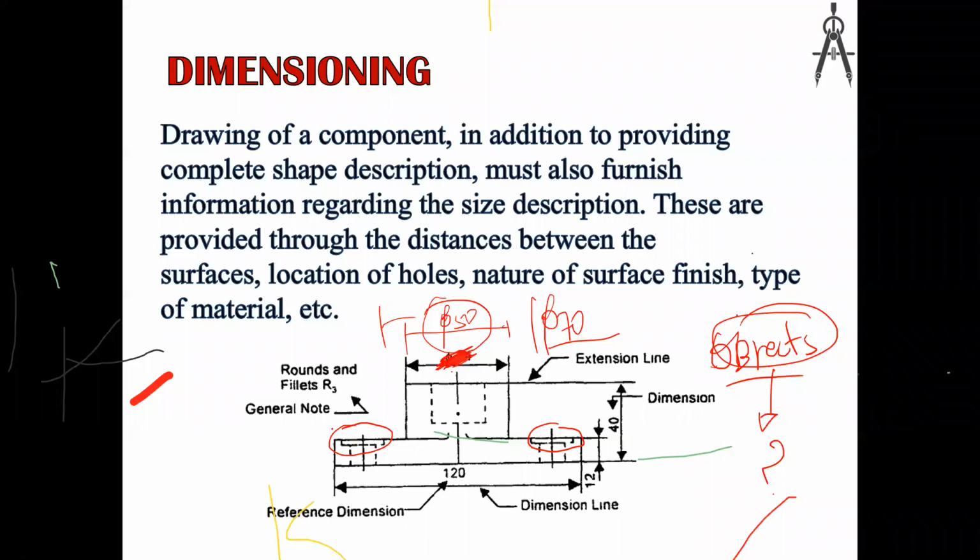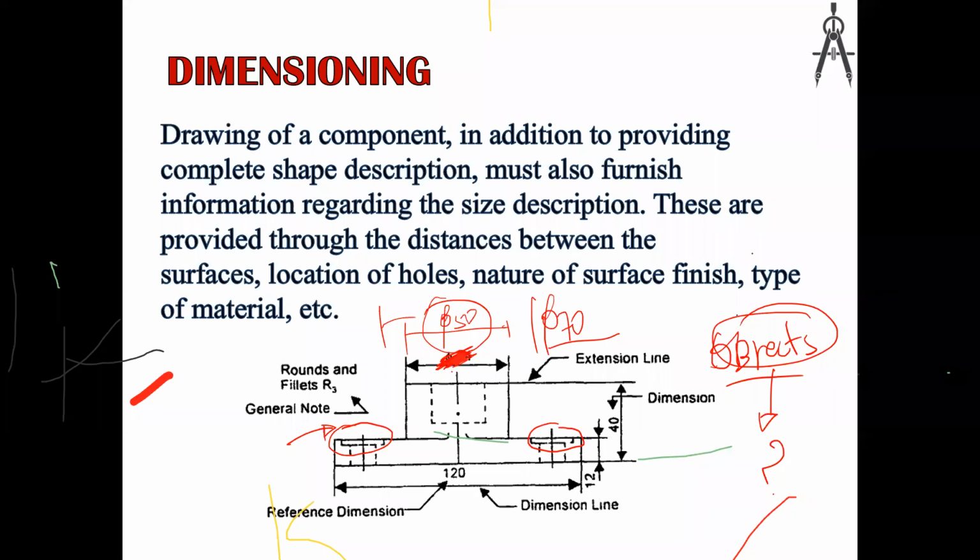Without mentioning what the depth is, he can't mill or drill that. He doesn't know the depth of the drill. Sometimes he might drill too deep, or sometimes not deep enough. Then that will lead to assembling problems, right?